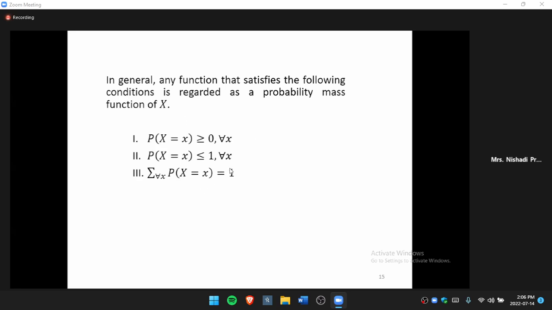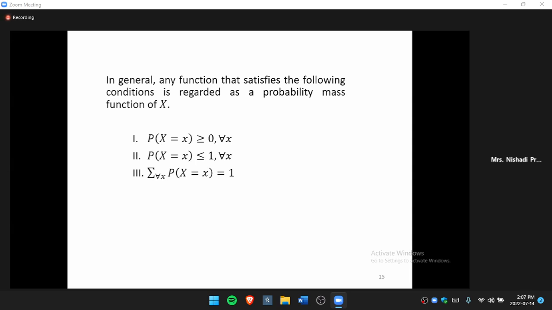There are three conditions as we discussed now. The probabilities should be greater than or equal to 0, less than or equal to 1, and the total probability is always equal to 1. If these three conditions are satisfied by any function of a discrete random variable, we say that function is a probability mass function of x.